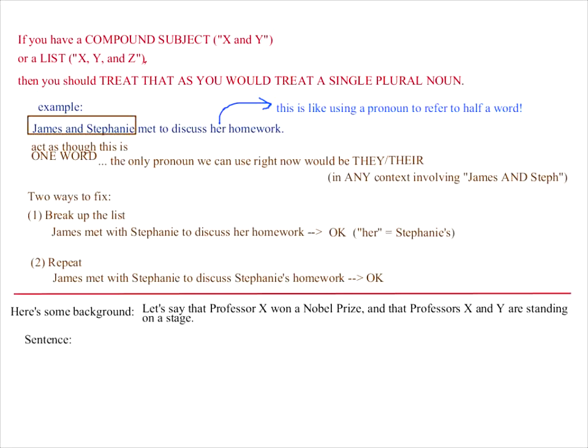Here's your sentence: "On the stage are Professor X, Professor Y rather, who recently won a Nobel Prize for his work in topic Z." If you think this sentence is all right, then put yes in the text box. If you think this sentence is incorrect, then put no in the text box. Go for it.